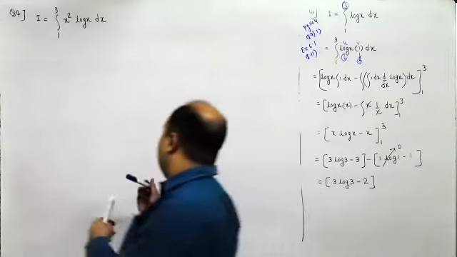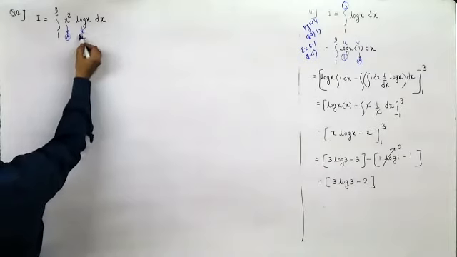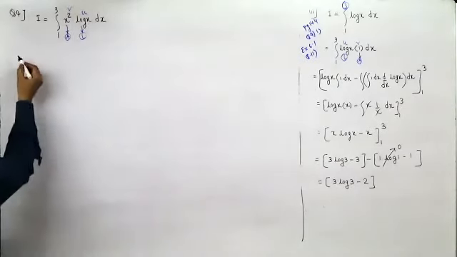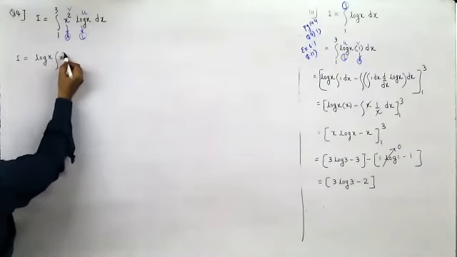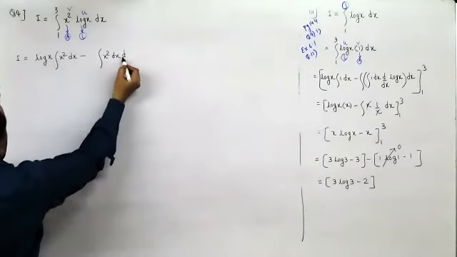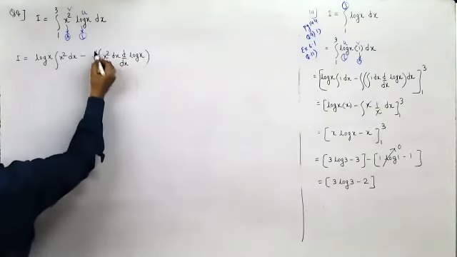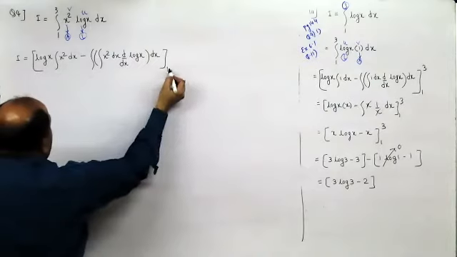This is algebraic, this is logarithmic. L should come first, so this is u and this is v. Now this would be I equal to log x, integration of x square dx, minus, repeat this term, into derivative of log x. Then the product has to be integrated once again with respect to x between 1 and 3.